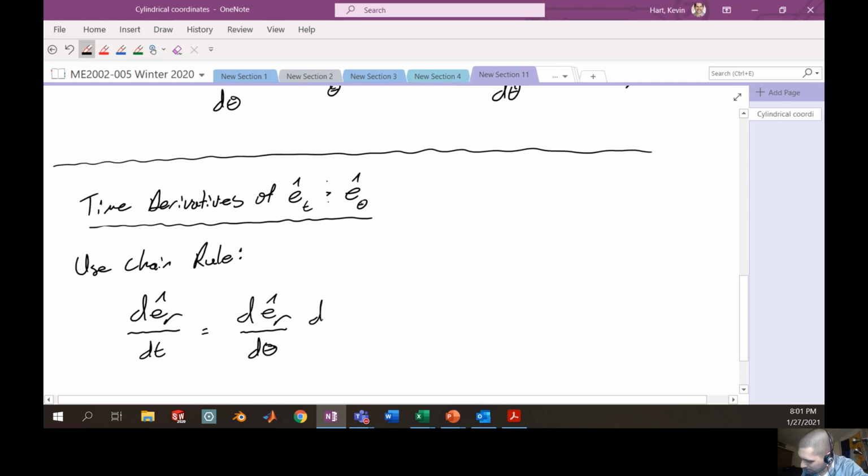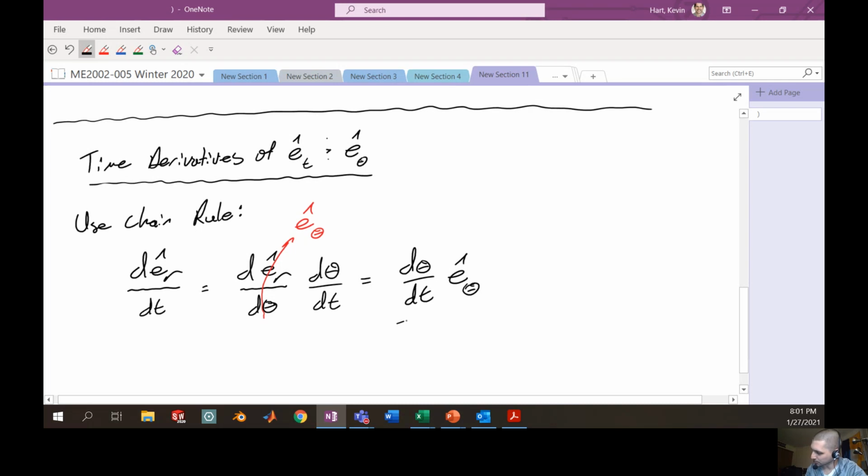And then we also need d theta dt. This is all we really need. And so we could rewrite this as the time derivative of the angular position times e hat theta. Okay, and this will be a powerful tool for us, and we'll see why in just a second.